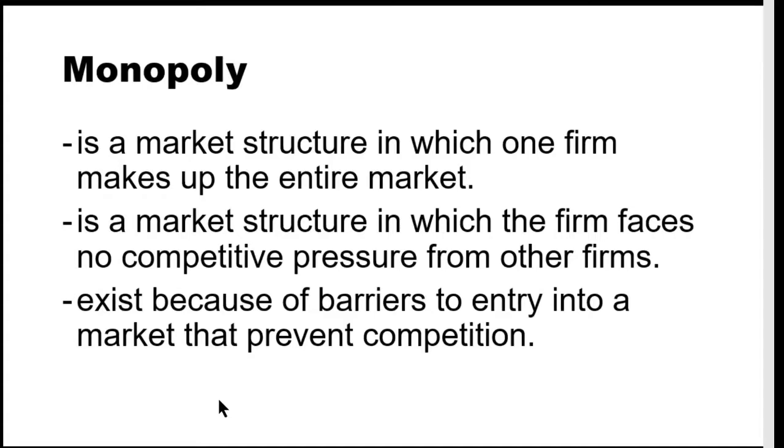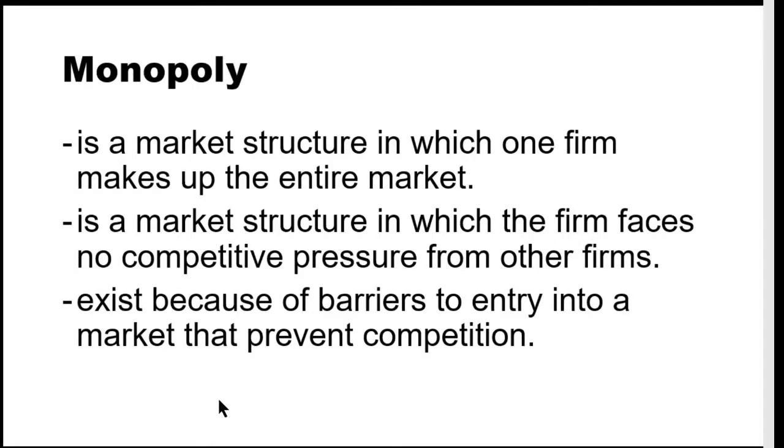So, this is the complete opposite of perfect competition because, first, in perfect competition, there are many buyers and sellers, whereas in monopoly, there's only one seller. And second is, of course, because of the many sellers, there is competition in perfect competition, while in monopoly, there's no competition.